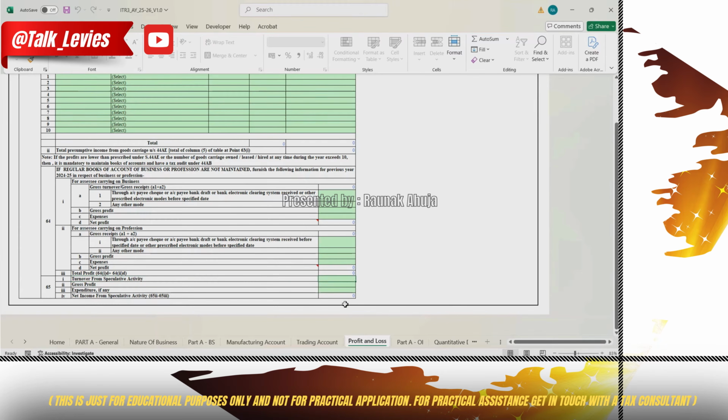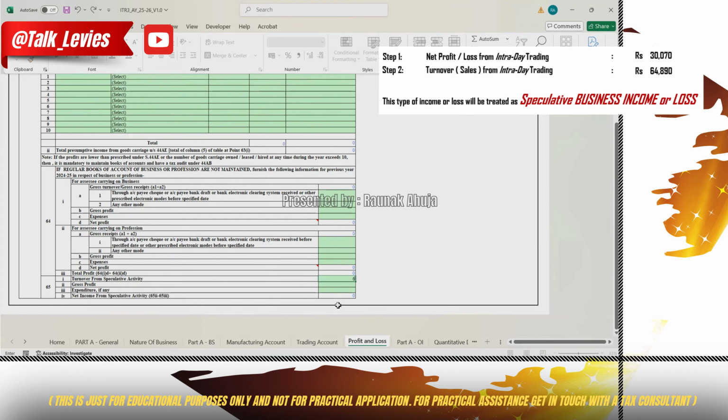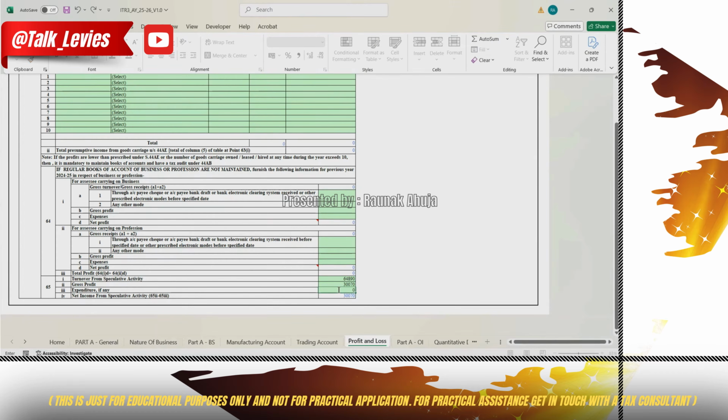We mention it here. And the profit. In case there are additional charges or expenses that you have incurred in relation to this activity, you can mention it over here in Roman 3. In case not, simply put 0.